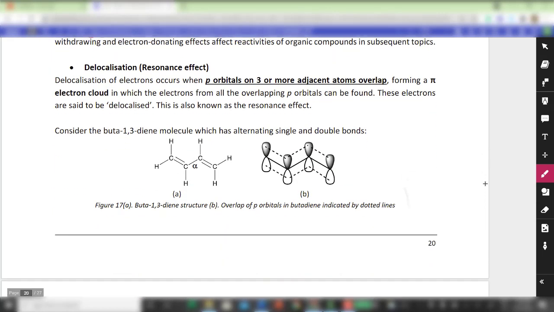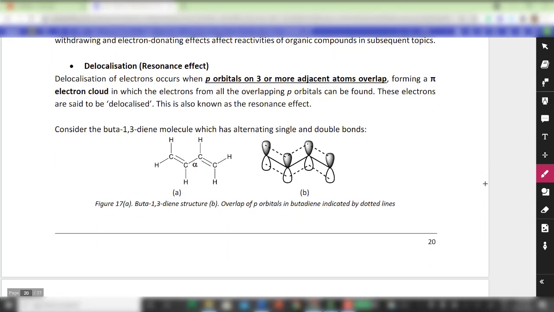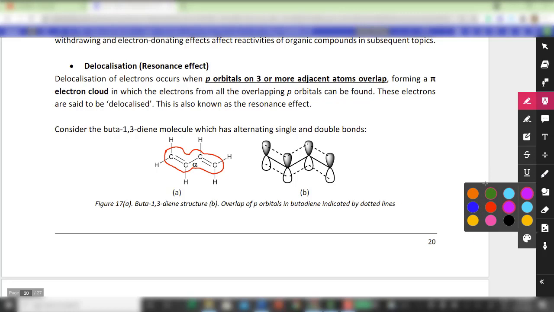And then there's also another effect known as the delocalization effect, which maybe I wouldn't call an effect at this stage, but what I can share is this: let's say you have butadiene, and you try to localize the C=C double bonds.